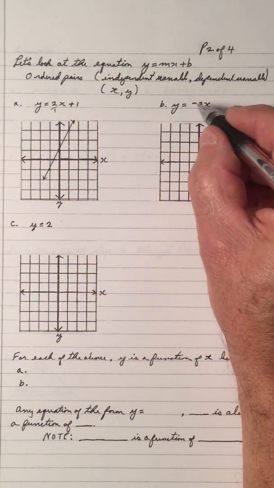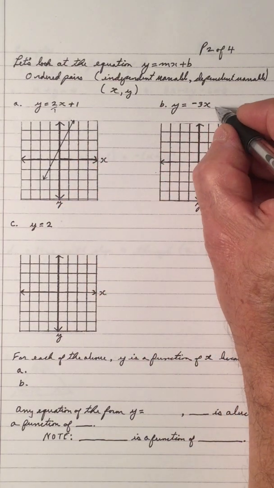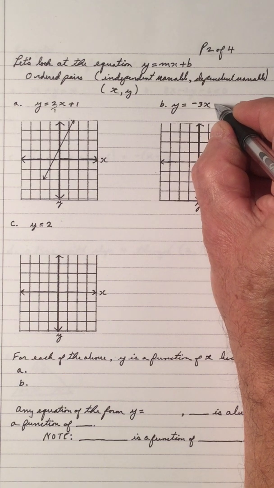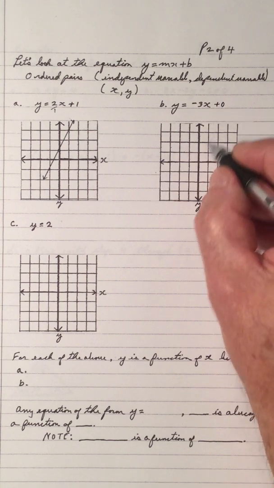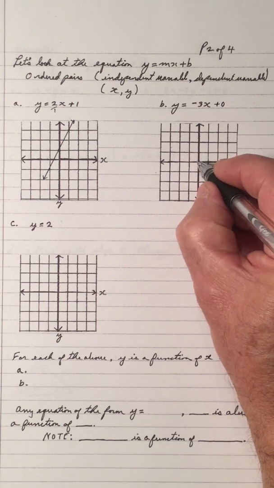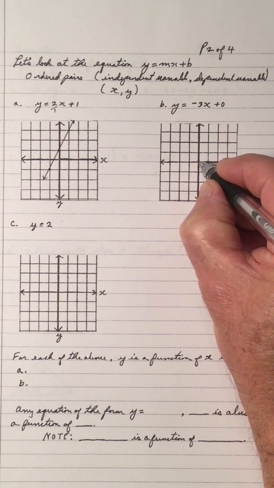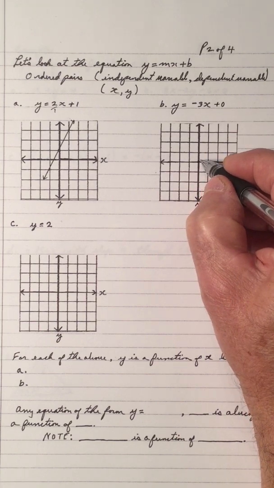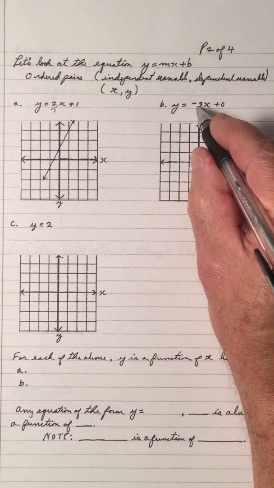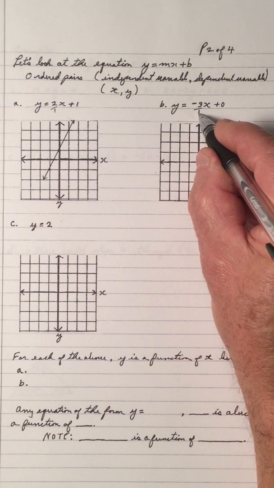Number 2, y equals negative 3x, and that's negative 3x understood to be plus 0. So the y-intercept is 0, and the slope is negative 3 over 1.